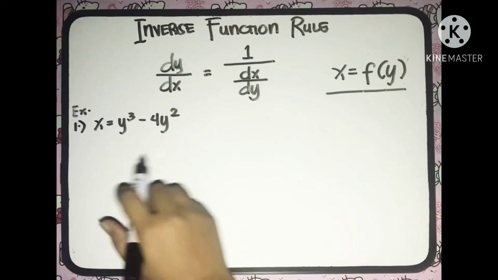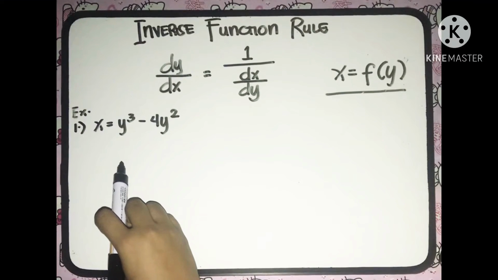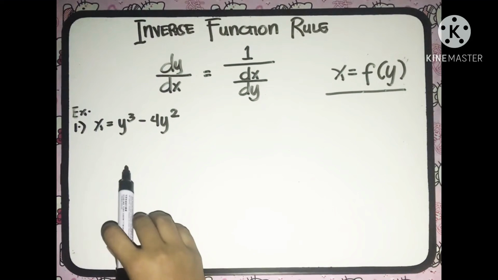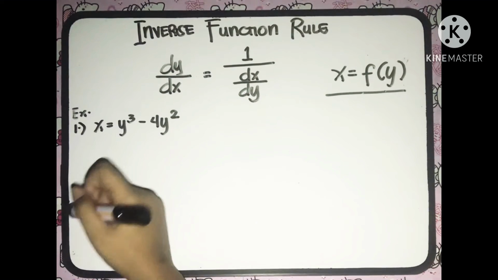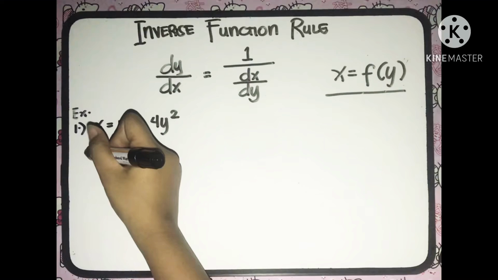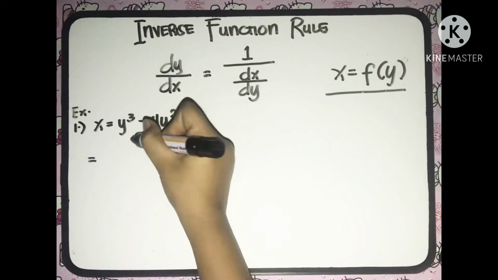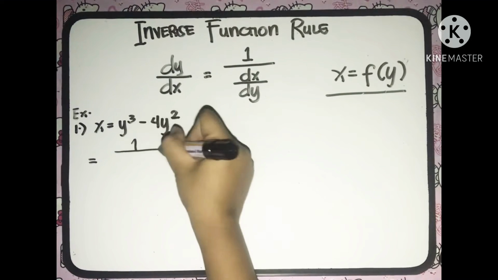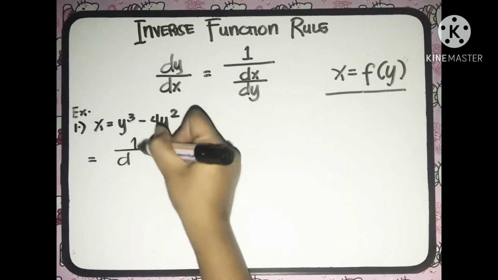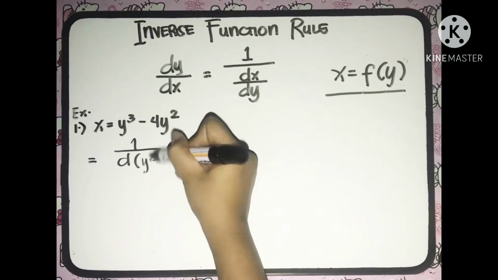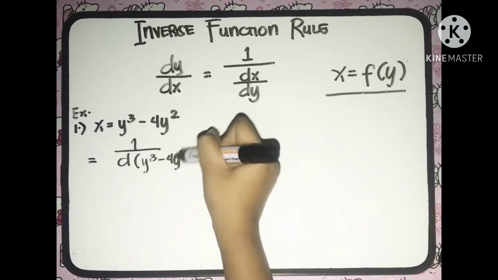Okay, so applying the given formula to the example, x is equal to y cubed minus 4y squared. So let's apply this. The derivative of y with respect to x will be equal to 1 over the derivative of x, which in this case is y cubed minus 4y squared, with respect to y.